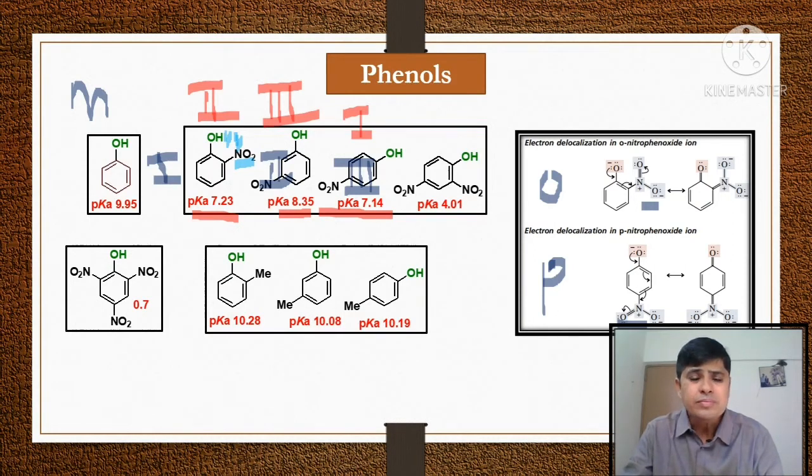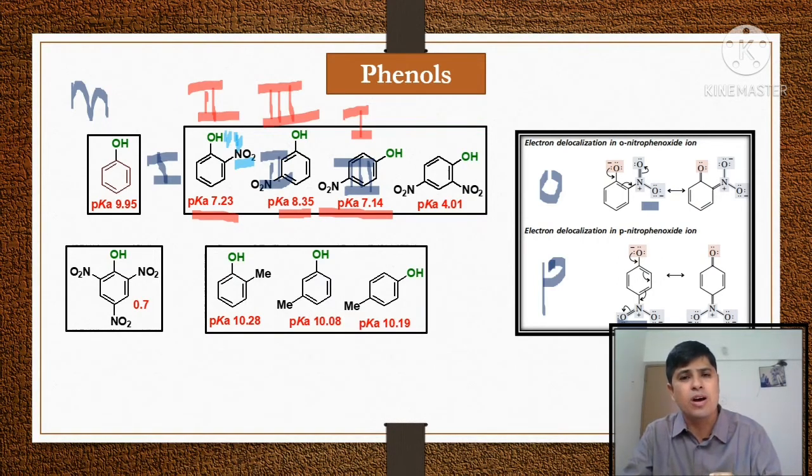Hence this OH, that means the proton, will not be lost very easily in orthonitrophenol. The hydroxyl OH is bonded to the nitro group with intramolecular hydrogen bonding.